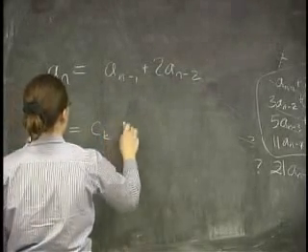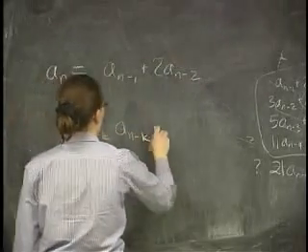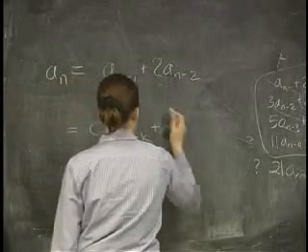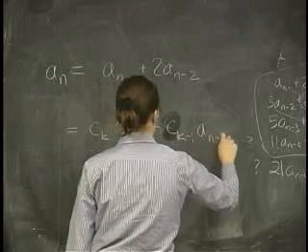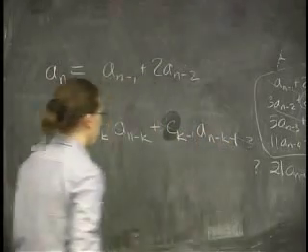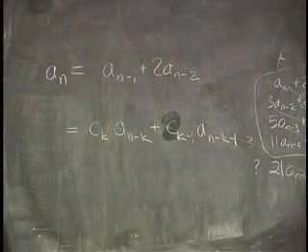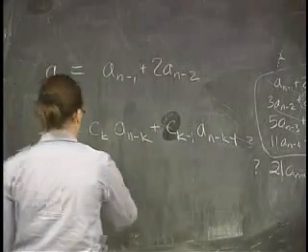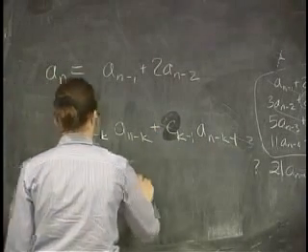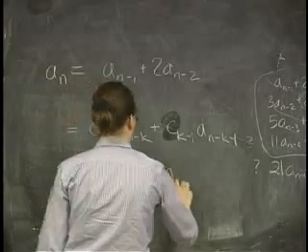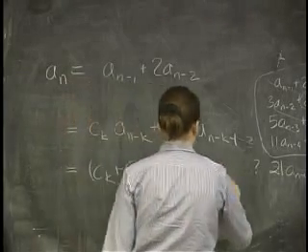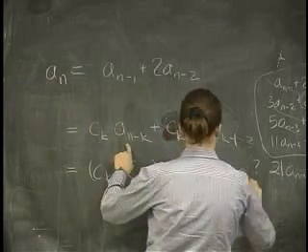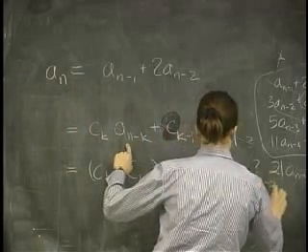If we have some constant here, so if we have something like this, then the next term is going to be c_k plus c_{k-1} on a_{n-k-1}, and 2c_k on a_{n-k-2}.